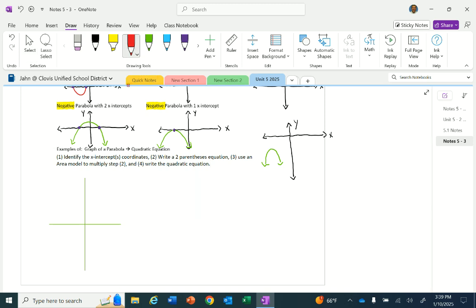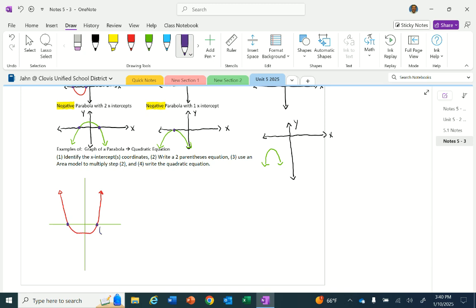So let's say you have a graph, and let's say that you have a parabola that is a positive parabola, and it looks like that right there. Let's say on this positive parabola, there are your 2 x-intercepts right there, those purple points.